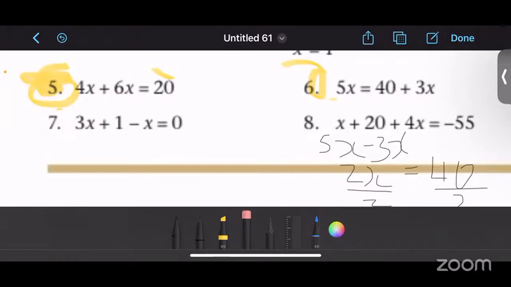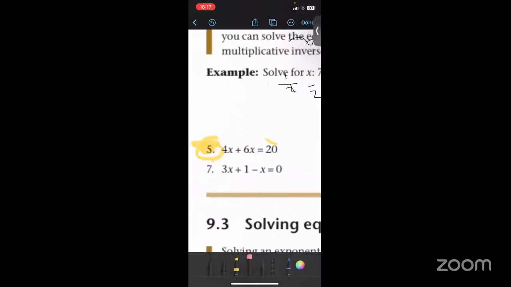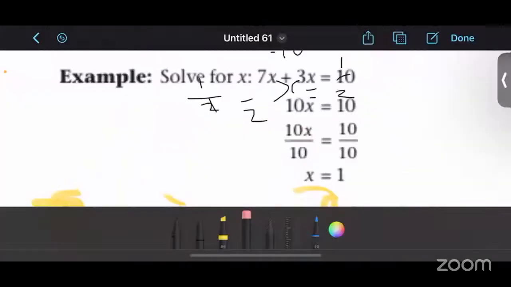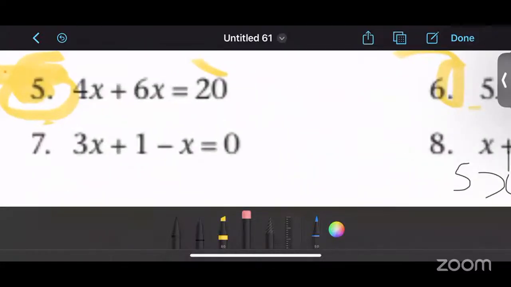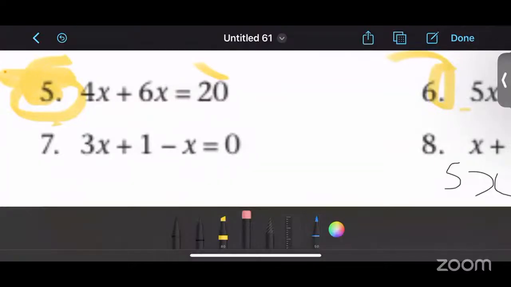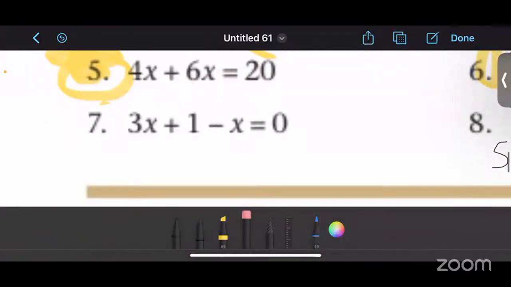Because we're going to say 3x plus x. Wait, why are we changing the sign? It's because we're putting the x to the other side, next to the 3x.